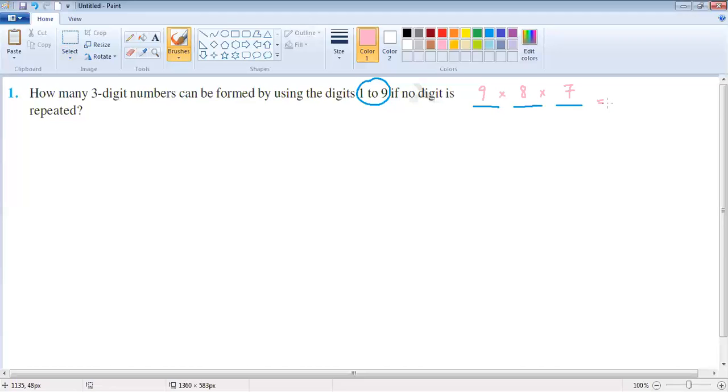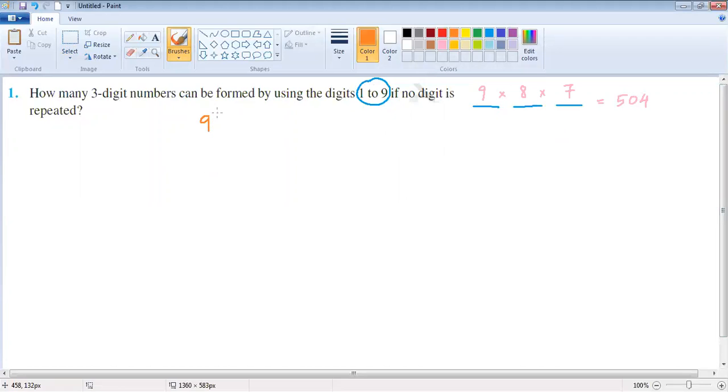into 7, which is 504. 504 three-digit numbers can be formed. But at the same time, you can use permutation. आपके पास 9 objects हैं. For forming a 3-digit number, you have to select 3 digits.